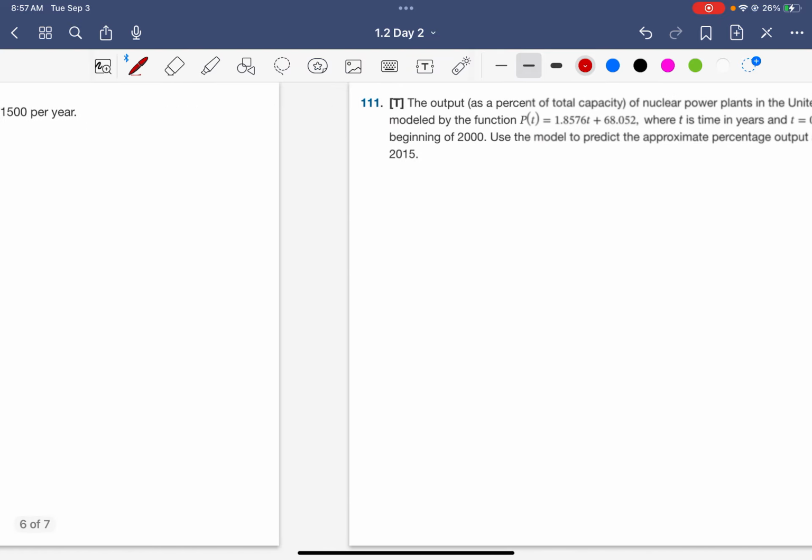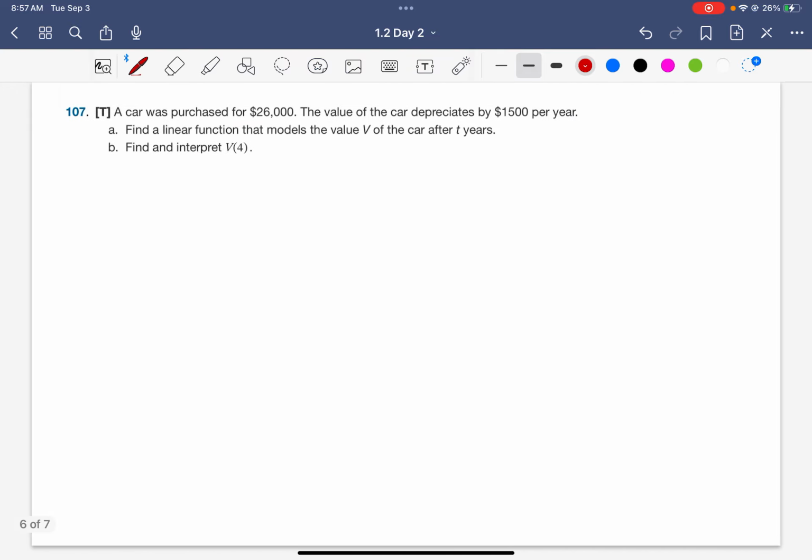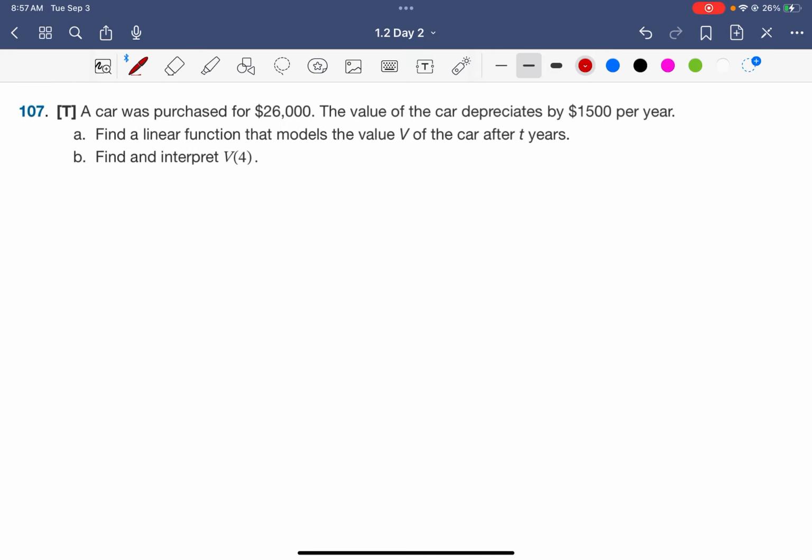All right, 107, 111, and then we're done. So let's do 107. A car depreciating, told you, classic question. Y is equal to mx plus b because it's linear. V is going to be value over time, so it's actually going to be V of t is equal to mt plus b.